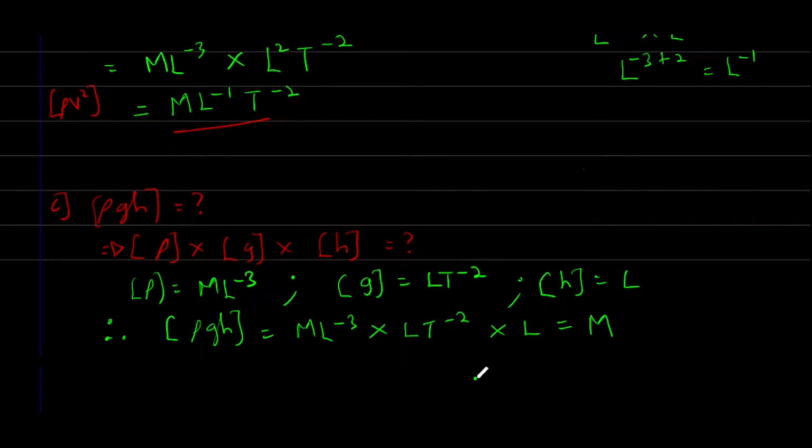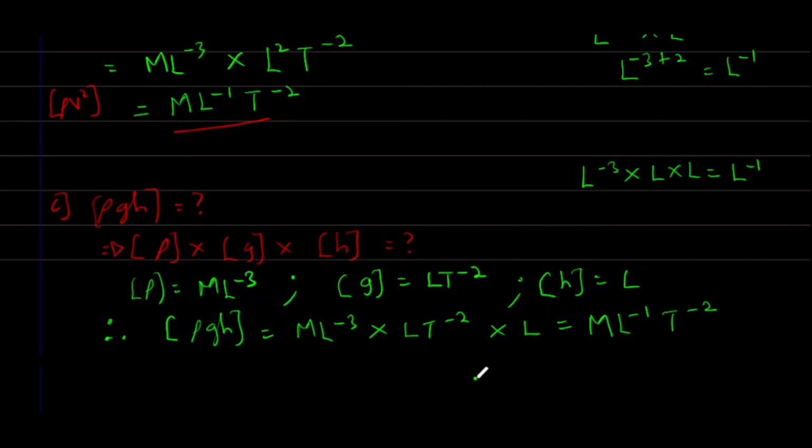That's to say L raised to the power minus 3 multiplied by L multiplied by L, which gives us L to the power minus 1, then we have a single T, which gives us T raised to the power minus 2. We use indices to solve it.